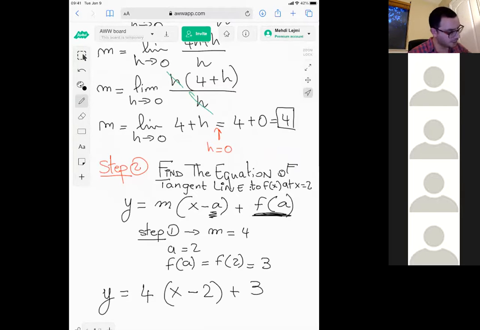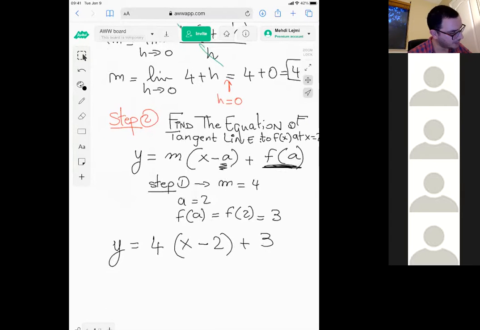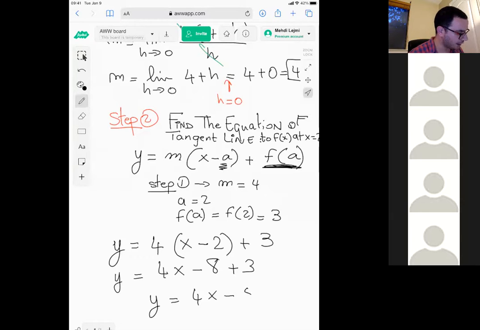We can simplify here. I guess we can distribute at least. So y would be 4x minus 8 plus 3. So y would be 4x minus 5.